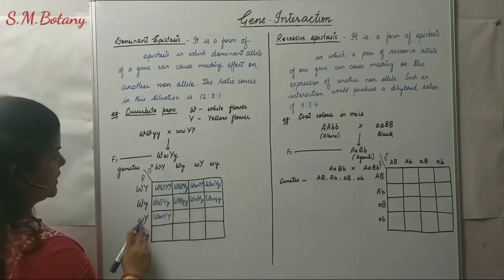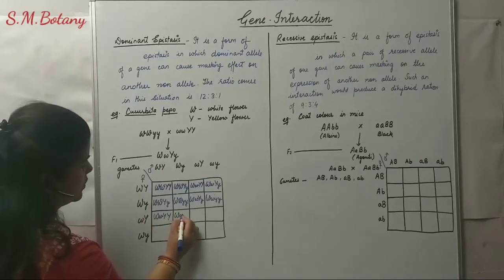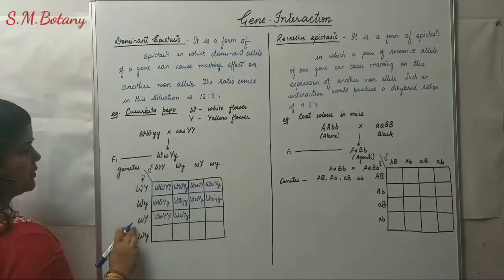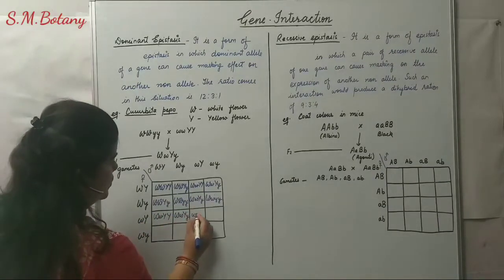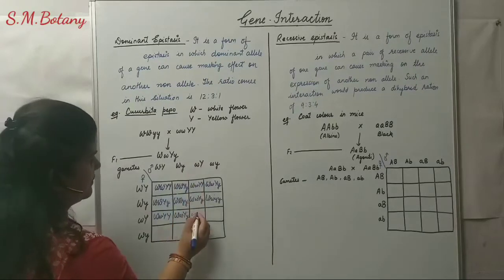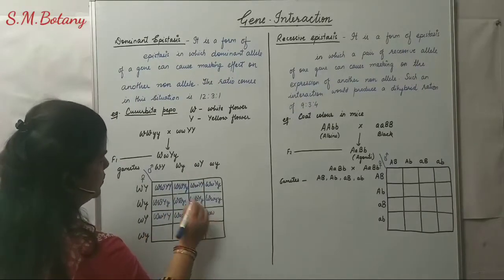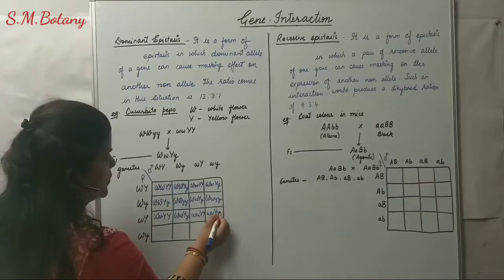Same way in the third row, capital W, small w, capital Y. Now again capital W, small w, capital Y, small y. Small w, capital Y. Small w, capital Y, small y.